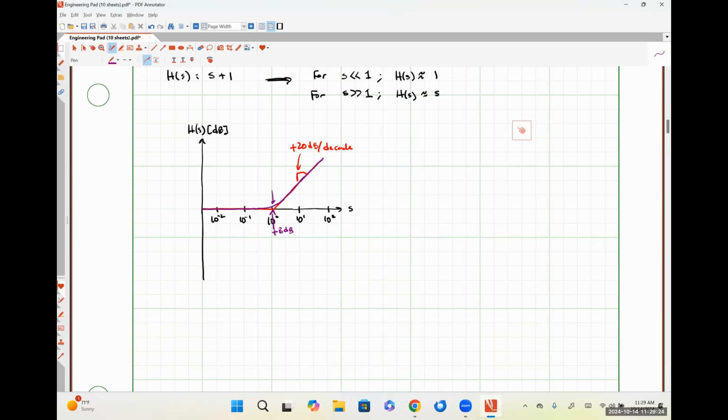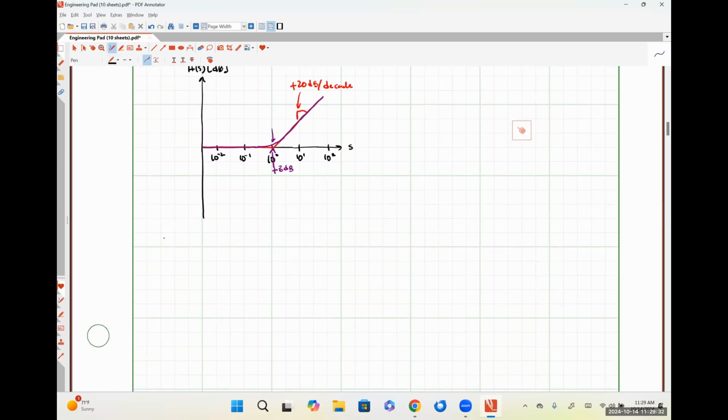Okay. And then we can play around with this very slightly. What if we had h of s equal to 1 plus s over 100? What do you guys think is going to happen in this case? Slide the graph over to the right.